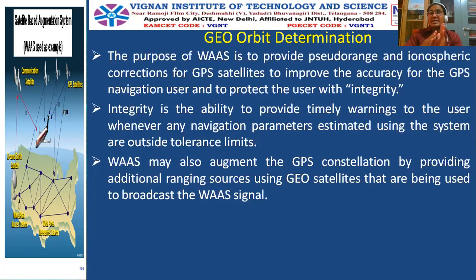In addition, it is also augmenting the GPS constellation. GPS constellation means GPS satellites. If the health of any GPS satellite is damaged, then that will be intimated and corrected. And its clock also sometimes will be corrected by the clock steering algorithm, which we are going to study in a couple of minutes.